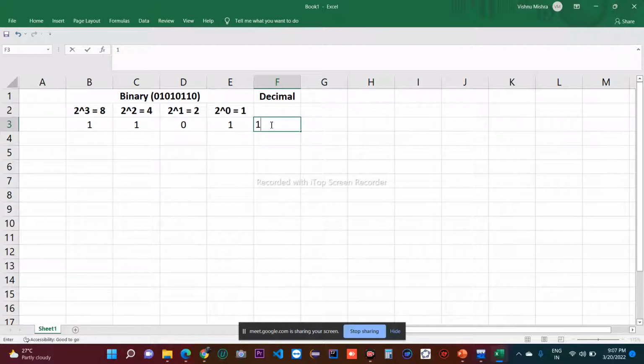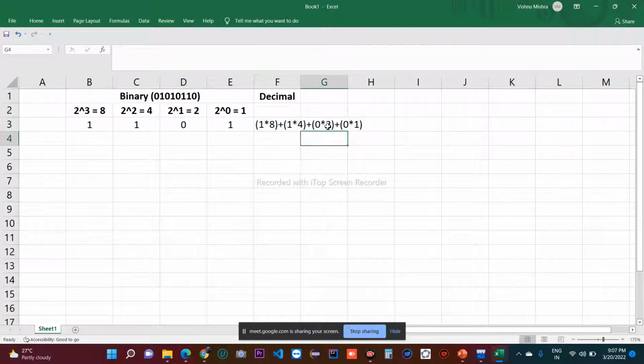1 into 8 plus 1 into 4 plus 0 into 2 plus 1 into 1.